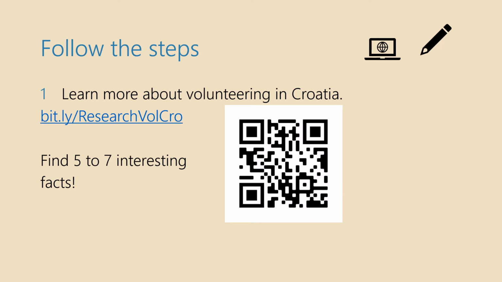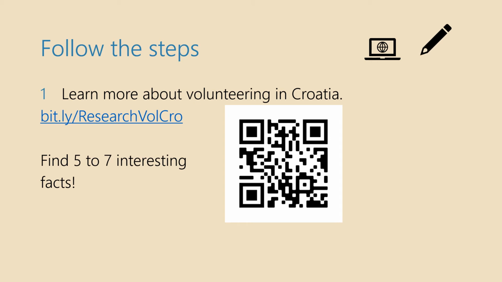And here is the first step. You will learn more about volunteering in Croatia. Here is the link and the QR code to a web page which you will browse and find 5 to 7 interesting facts on volunteering in Croatia.